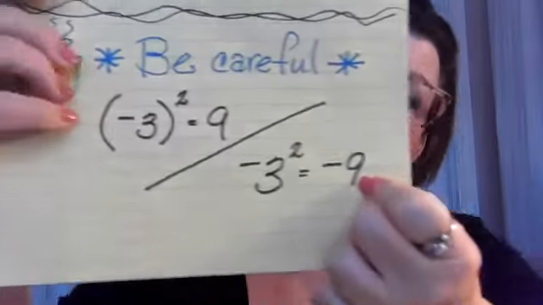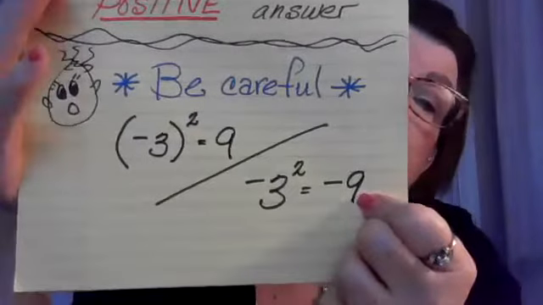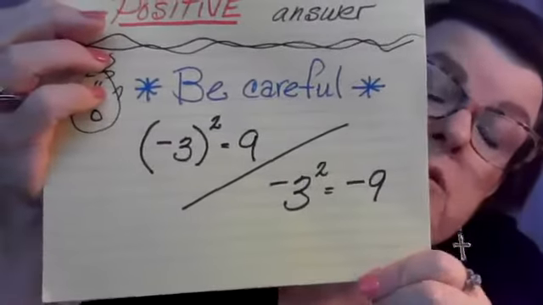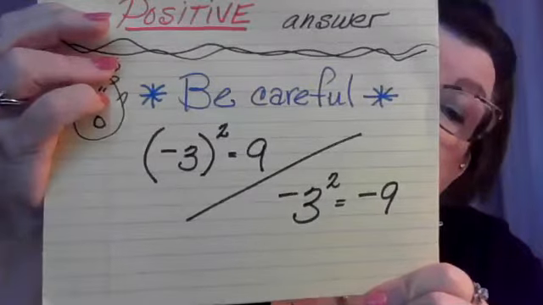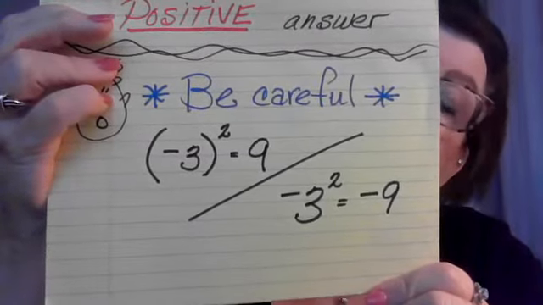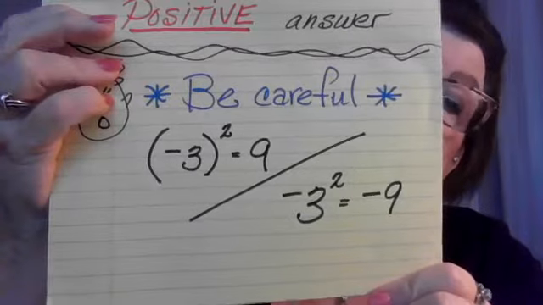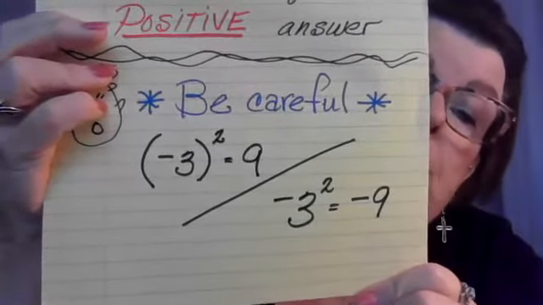Do you guys kind of see the difference here? So the bottom line here is definitely if you're squaring a negative number, you have to put it in parentheses if you are going to put it in the calculator, or you will come up with the wrong answer. So be very, very careful when squaring a negative.